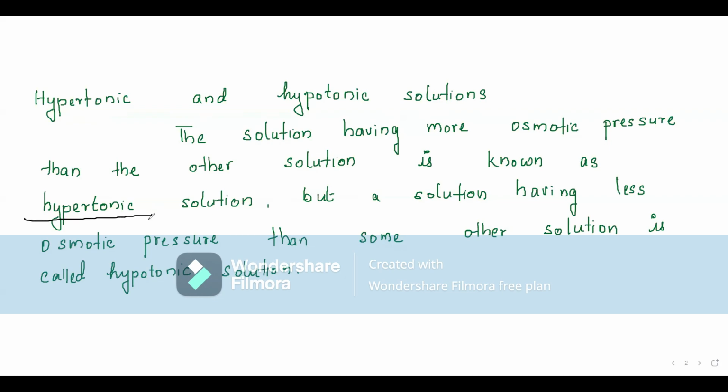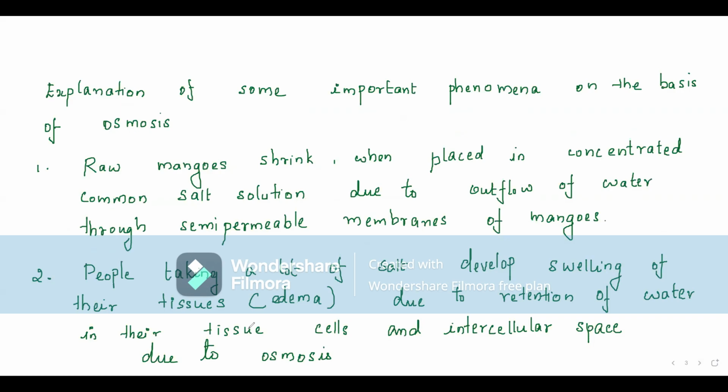Two solutions at the same temperature, but with different osmotic pressure: the one which has greater osmotic pressure will be the hypertonic solution, and the one with less osmotic pressure is a hypotonic solution. So I hope these three terms are clear: isotonic solutions, hypertonic solutions, and hypotonic solutions.